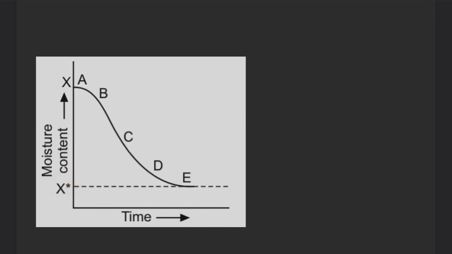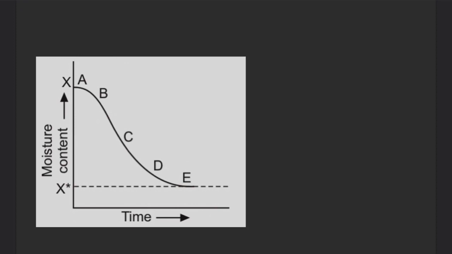Beyond that we can remove more, but we will have to change the unsaturated air medium. Maybe we need air with less relative humidity. But in reality, the curve will never touch this line, because air will have at least some moisture content at any point of time.